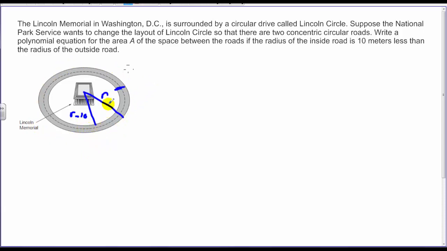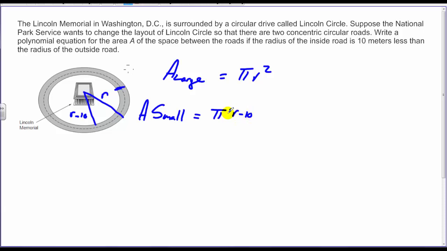Well, to find the area between the two, we take the big area, subtract off the small area, and we have what's left. It's kind of like a donut principle, cut out the middle. So the big area, area large, let's call it, is equal to pi r squared. Small area is equal to pi times (r minus 10), because that's the new radius, squared.